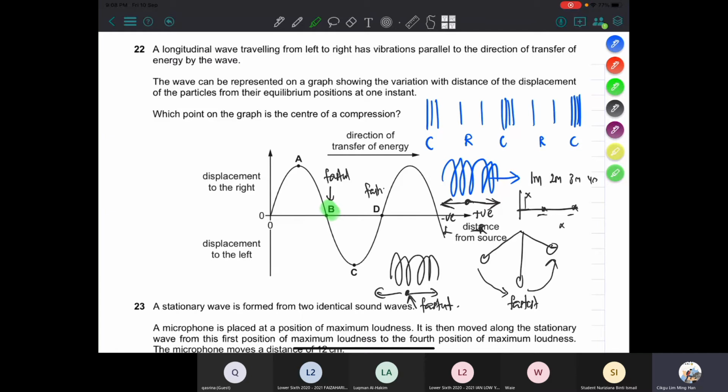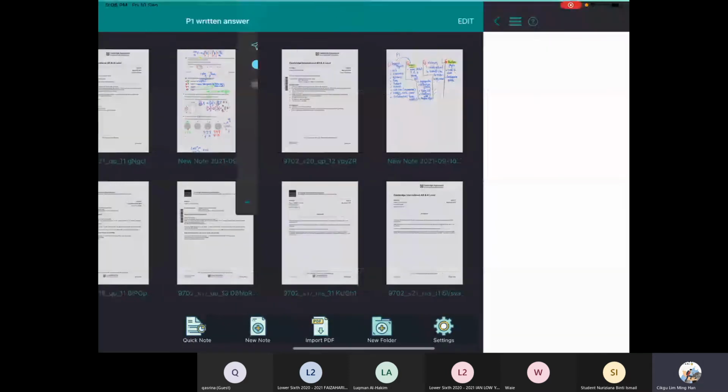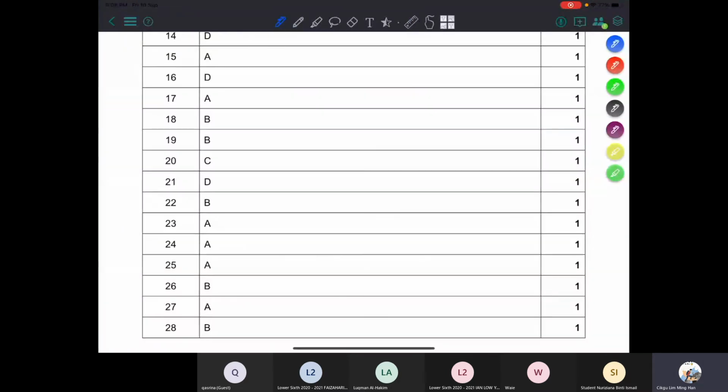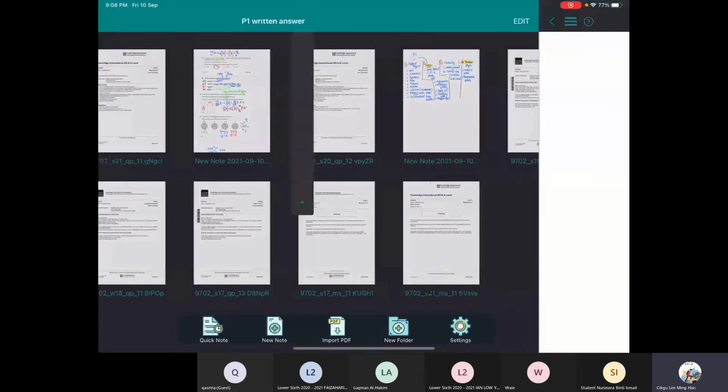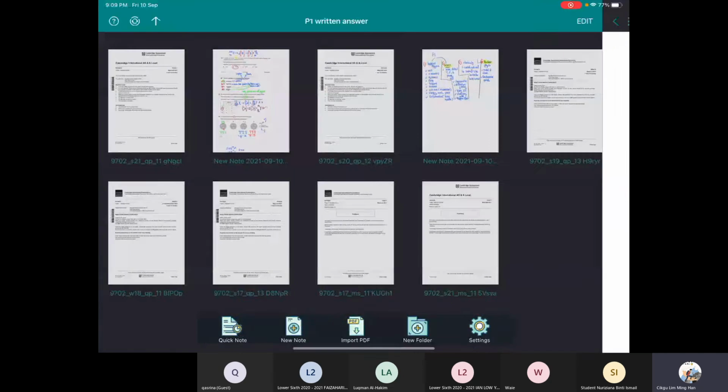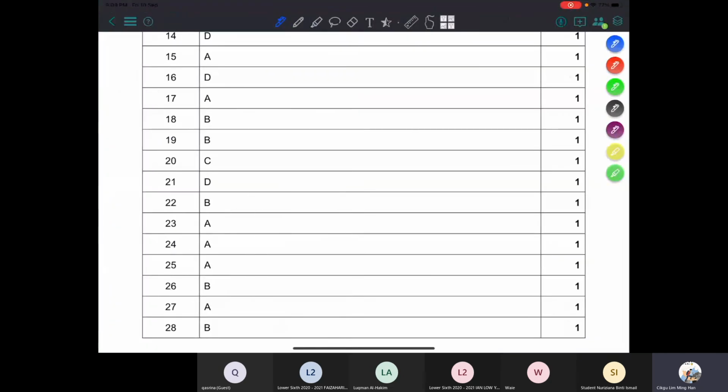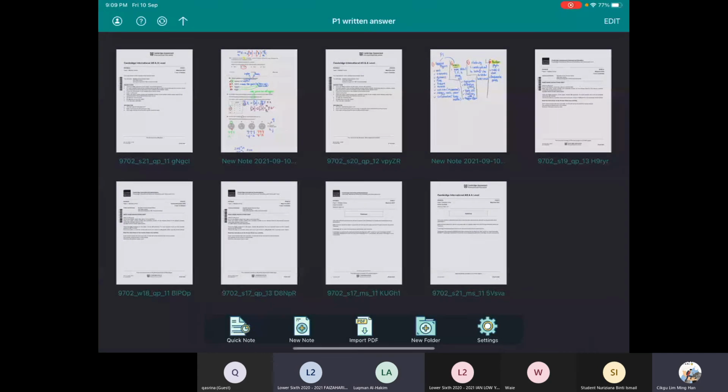Nobody, so assume everybody is happy with B. So let's look at the answer here. Number 22, sorry, the answer is B.